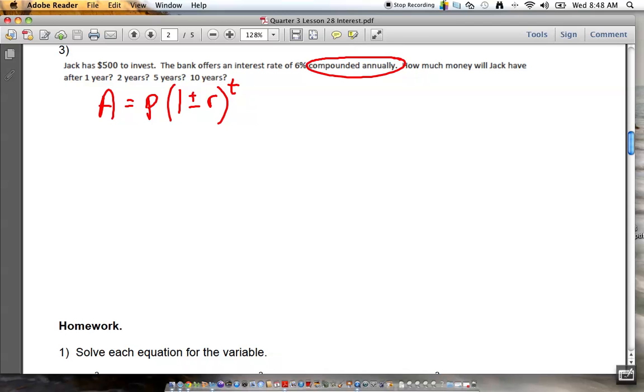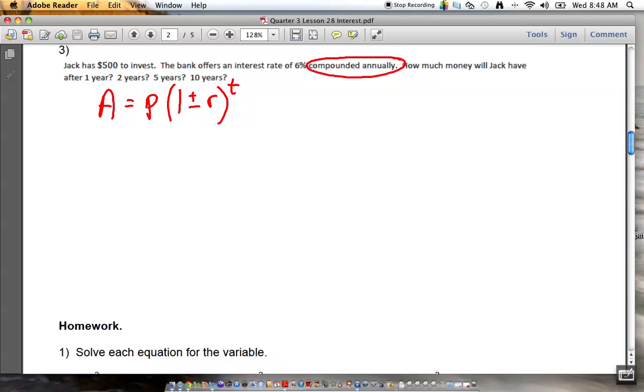But let's say you do something else, like you buy a car and you have a loan, and the formula is used to figure out the value of the car. Well, do you think your car is worth more a year after you buy it, or less? Less. So you wouldn't use the plus sign, what would you use? The minus. So this formula works for when things are increasing in value. It also works for when they are decreasing in value. The plus is used for increasing, the minus is used for decreasing.